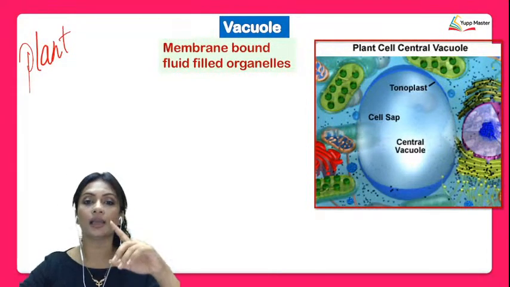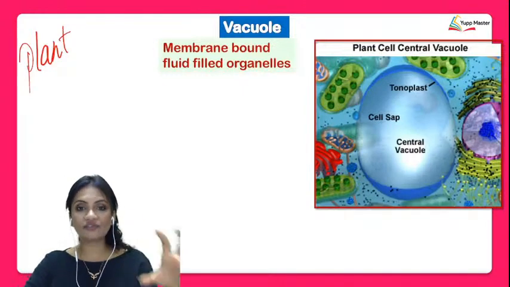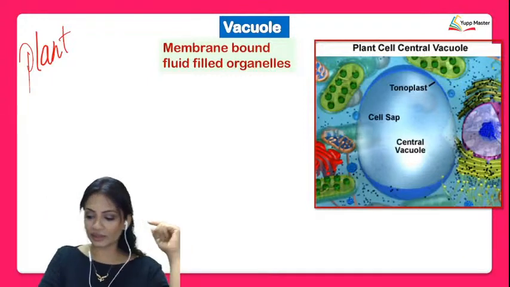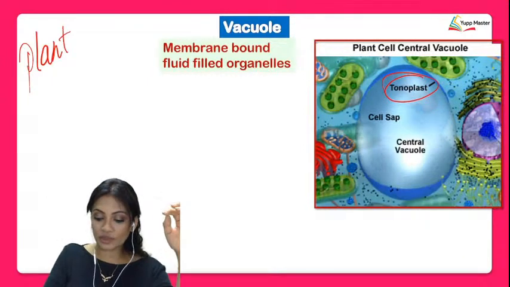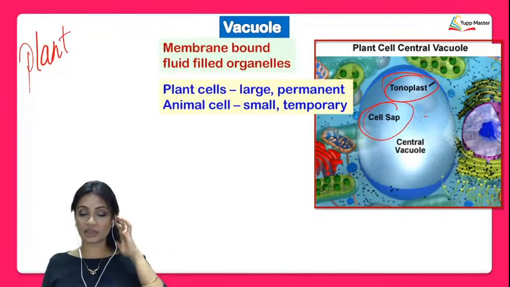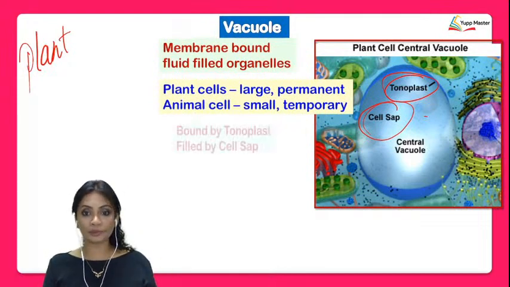This has a single membrane, not a double membrane, and it is filled with fluid inside. That membrane is called the tonoplast. The fluid inside is called the cell sap.